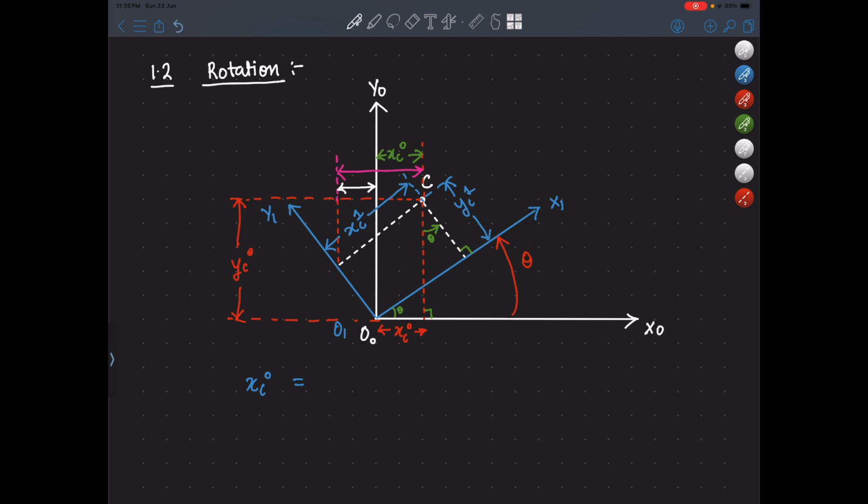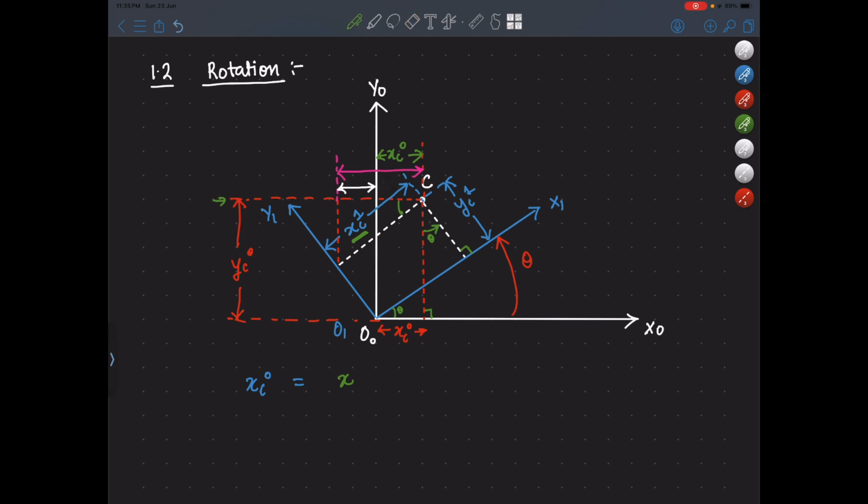So let's write what is the pink length. It can be written as, we use xc1's projection on this x naught line, so on this line, right? For that we need to know this angle.